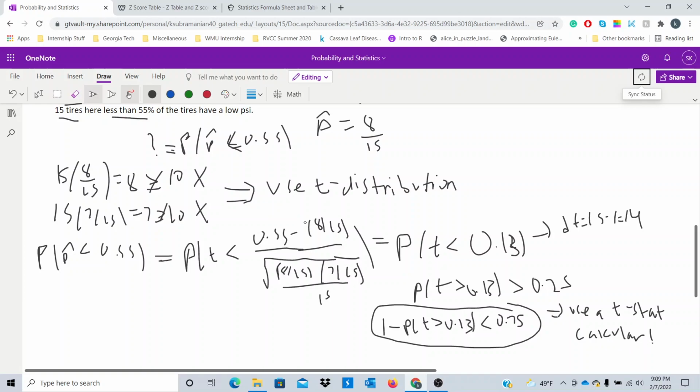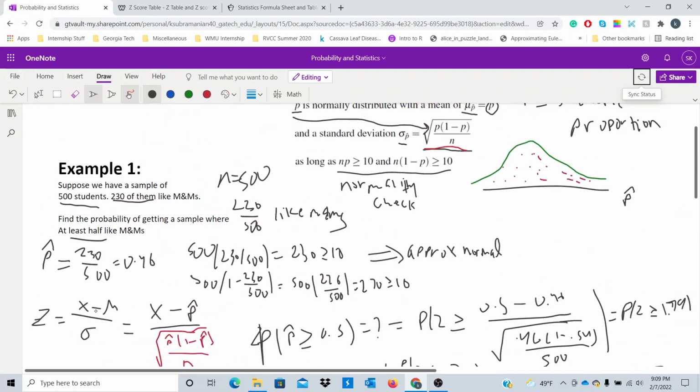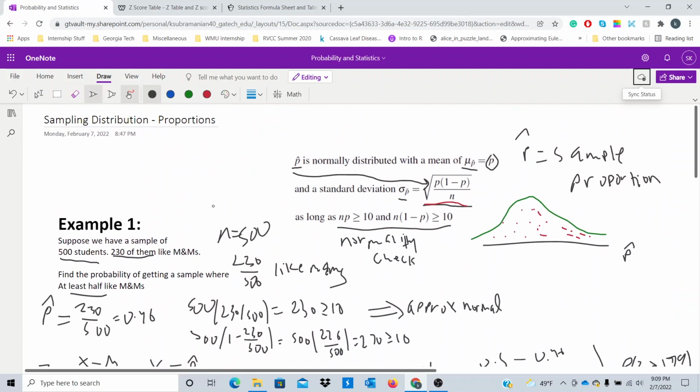But the general procedure should be pretty standard though. So that takes care of sampling distribution of proportions. This walkthrough shouldn't be terribly difficult if you watched a video on sampling distribution of means. We're just using a different distribution, but the procedure for solving these problems remains the same.